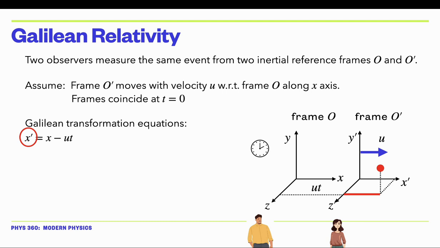Okay, so let's write down the first Galilean transformation equation. It describes how to calculate coordinates in this moving reference frame given coordinates in the initial frame O. So x prime is going to be the x coordinate of our object, which is the red dot, in this O prime reference frame.